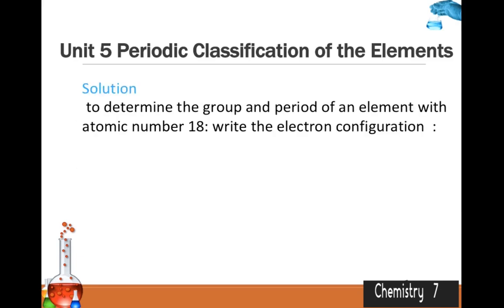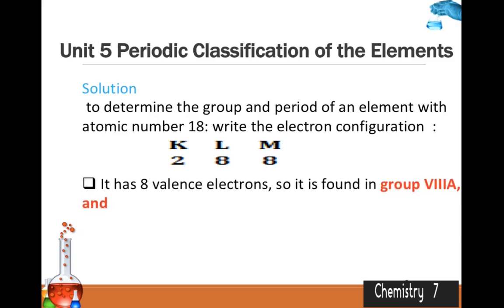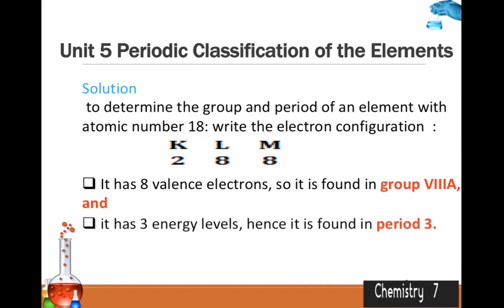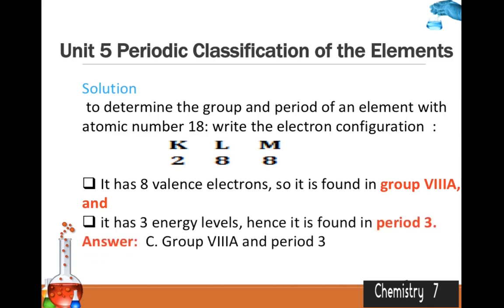To determine the group and period of an element with atomic number 18, write the electron configuration. 2, 8, 8. It has 8 valence electrons, so it's found in group 8. And it has 3 energy levels, so it is found in period 3. The answer is C, group 8A and period 3.